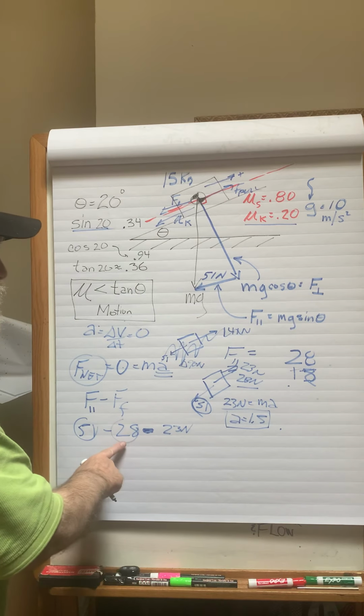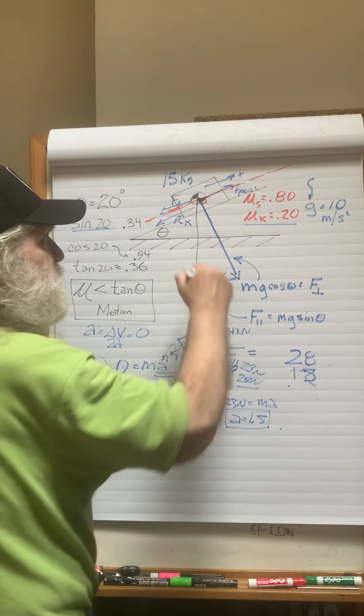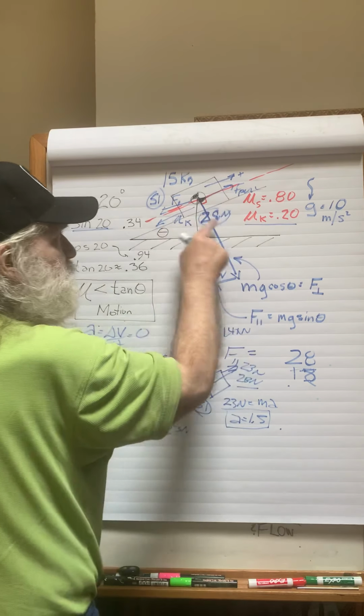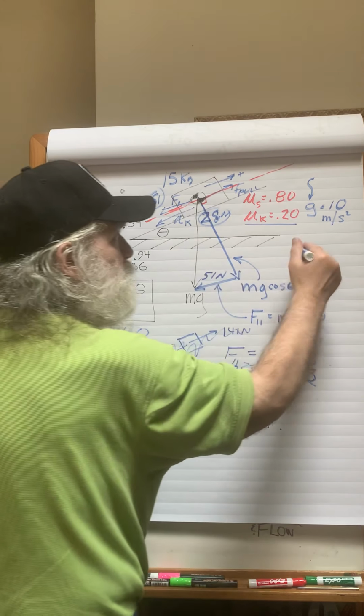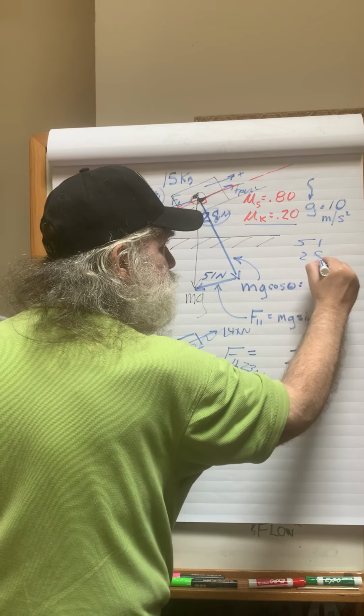The kinetic friction acting down the plane was 28 newtons, and the parallel force was 51 newtons. So if we pull with just enough to overcome these, 51 and 28, 79 newtons is our F pull.